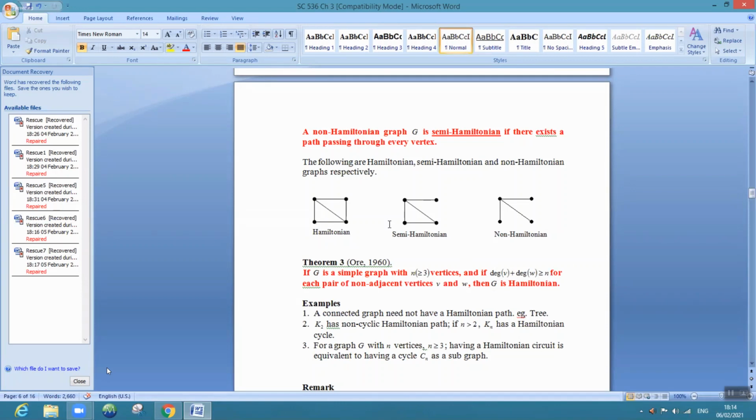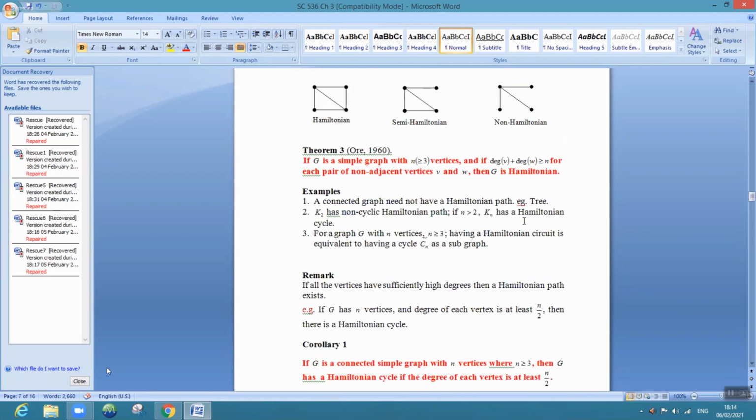Therefore this one is Hamiltonian. Whenever you take this pair, the degrees are 2 and 1, which is 3, less than 4. Here, taking these 2 vertices, degree 1 and degree 1, the sum 2 is less than 4. Therefore, this is not happening.